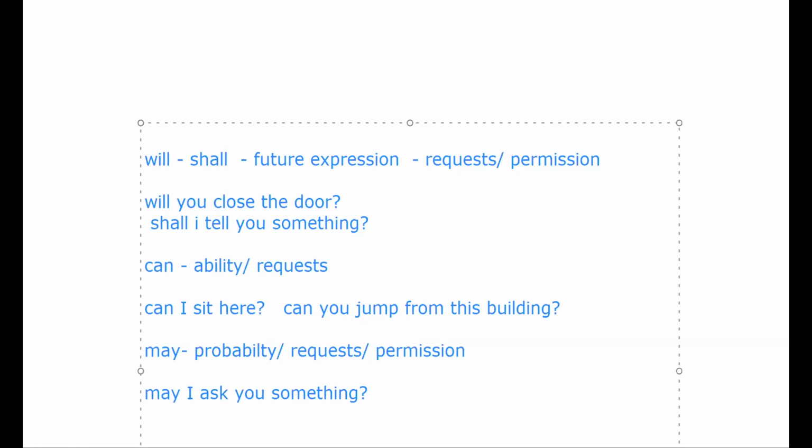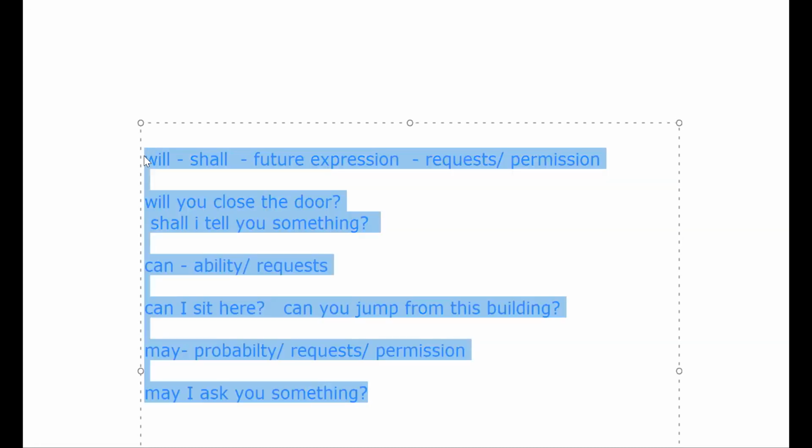Now, let me clear this. Will, shall, can, may. Now see, the past form of will is would. Again, for would, I have two usages.